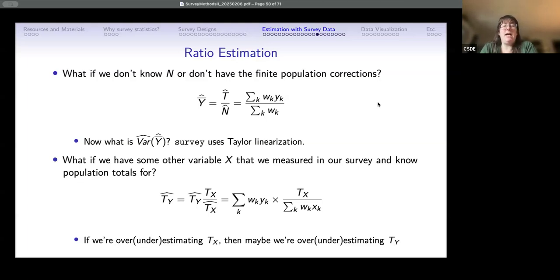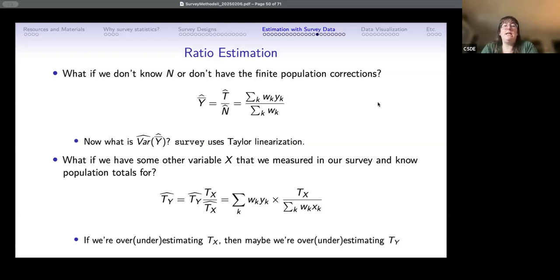So the survey package does this thing called Taylor linearization to estimate variances in this case where you don't pass a finite population correction variable to the survey package, and it has to estimate any population size using the sum of the weights of observations within that category.